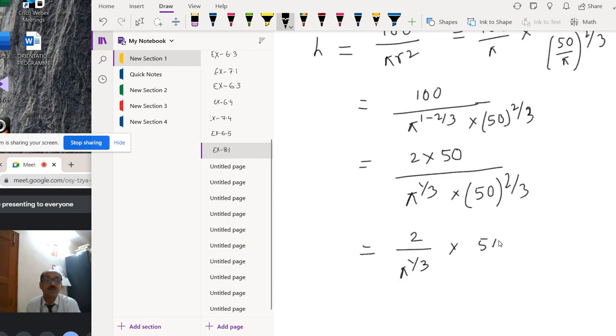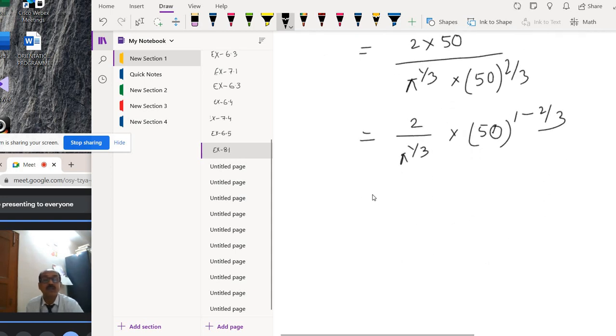Now 100 we can write as 2 into 50. So 50 to the power 1 minus 2 by 3 is 50 to the power 1 by 3, and pi to the power 1 minus 2 by 3 is pi to the power 1 by 3. So this equals 2 into 50 by pi to the power 1 by 3. This is h, and this is r, 50 by pi to the power 1 by 3.